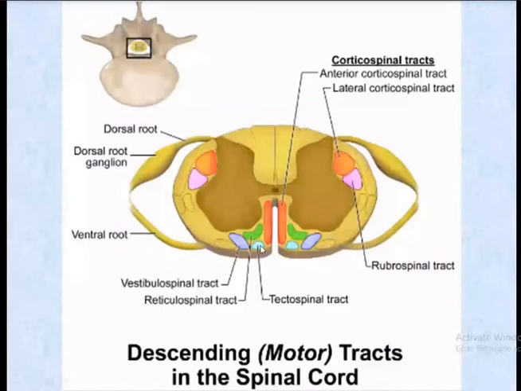This is the location of the tectospinal tract. I am emphasizing this because you may sometimes be asked in your exam to draw the transverse section of the spinal cord showing or locating different ascending and descending tracts. So this diagram is very important for you, and you should try to draw it and practice it.